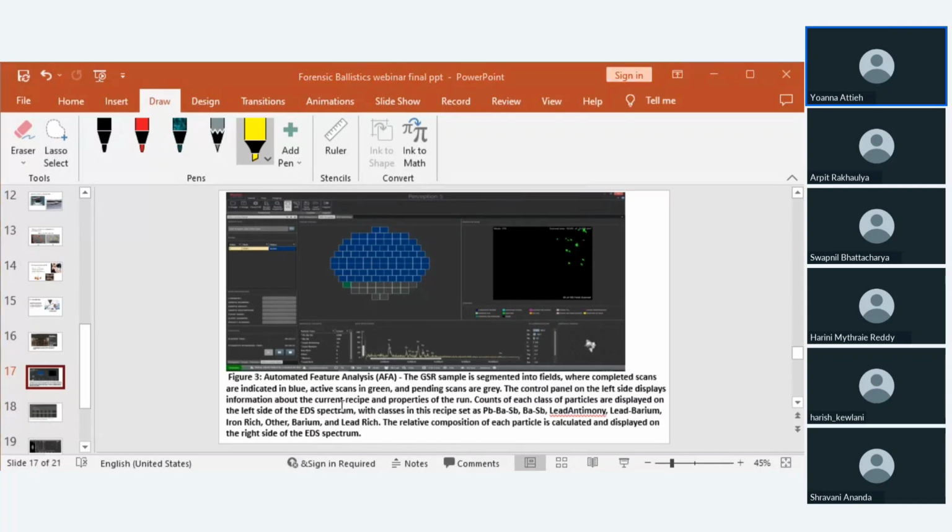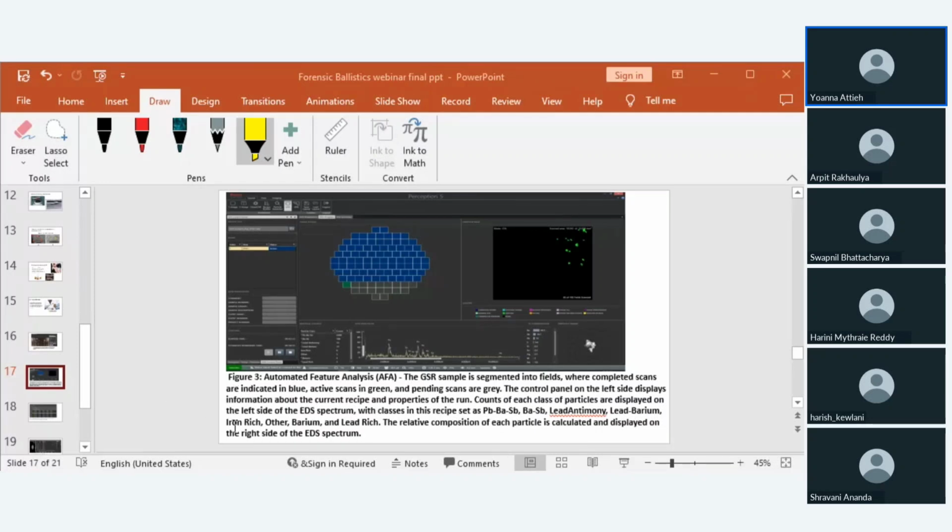Now, in the control panel, the table groups particles by class and displays geometrical measurements for each particle. The table of particle characteristics includes the micrograph and the field number that the particle was found in.